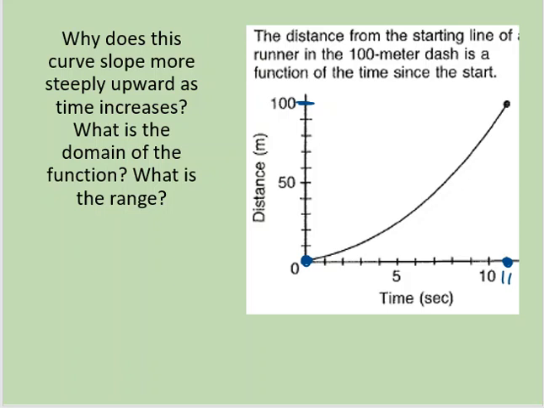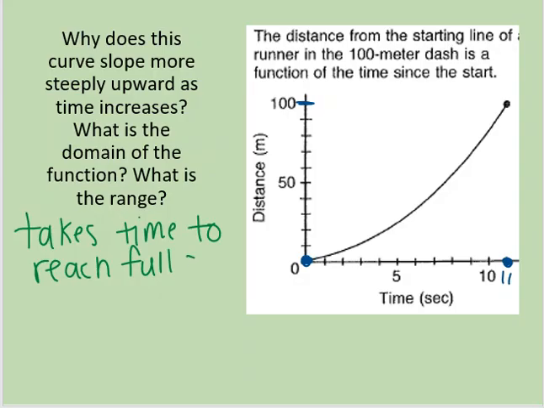So when you start running, are you at your full speed? No. When you start running, it takes time for you to reach your full speed. So that's why we move slowly upwards until eventually we reach that 100-meter and we reach our full speed.